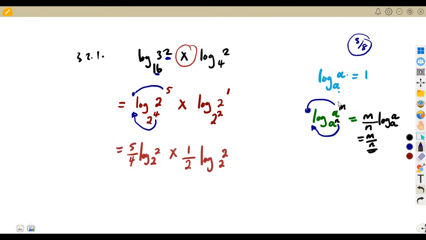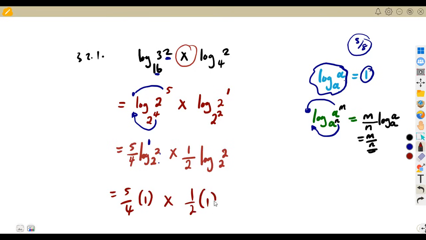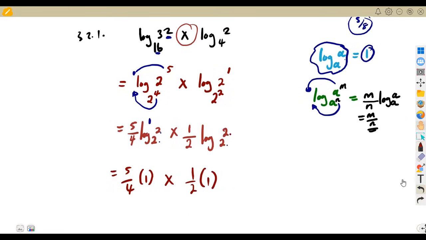That is how we work, whereby log a base a is equal to 1. The number and the base are the same, meaning we get a 1 in this case. So this gives us 5 over 4 multiplied by 1 over 2, multiplied by log 2 base 2 again, which is a 1.